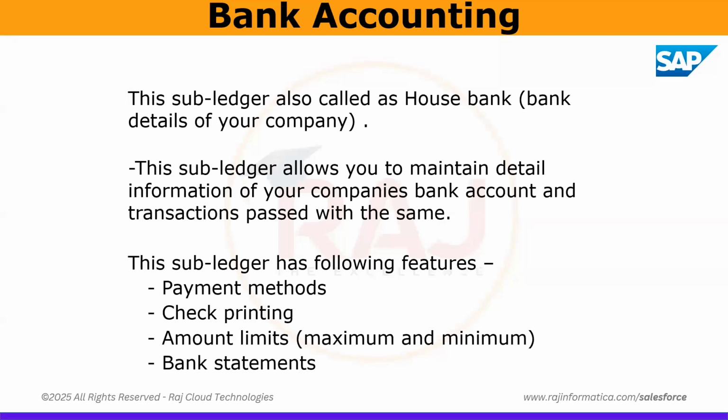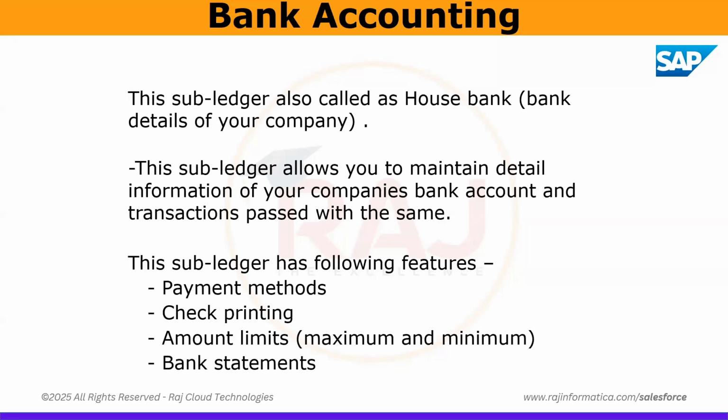And this house bank allows you to make the payment by check, or you can make the payment by the automatic payment program, which is called APP, for which we do the configuration. Based on your configuration, we can post the entry through a particular transaction called the automatic payment transaction. Through that you can post multiple vendor invoice entries.